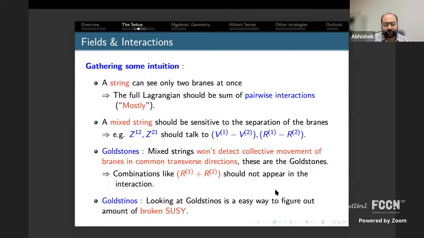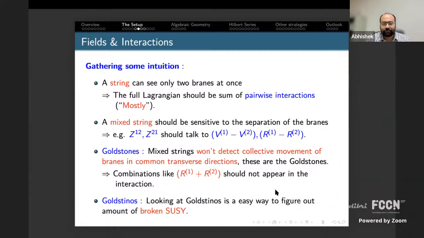To gather some intuition, the strings can of course see two branes at once, so there will be strings going from one brane to the other brane. The Lagrangian can be built mostly from pairwise interactions. This is not strictly true, but mostly the Lagrangian will be a sum of pairwise interactions. The mixed strings, Z12 and Z21, which go from one brane to the other, should definitely talk to the separation between the branes.